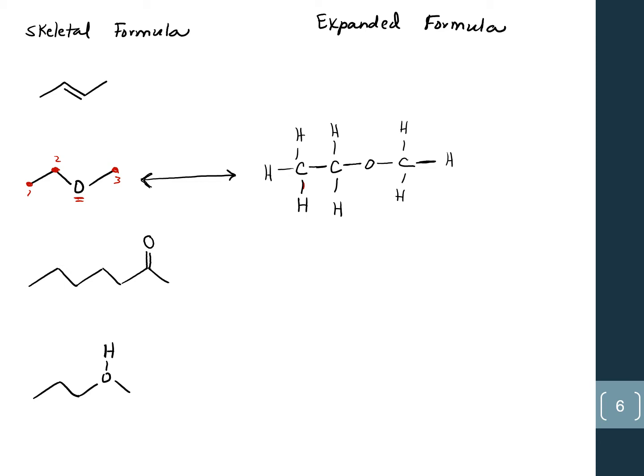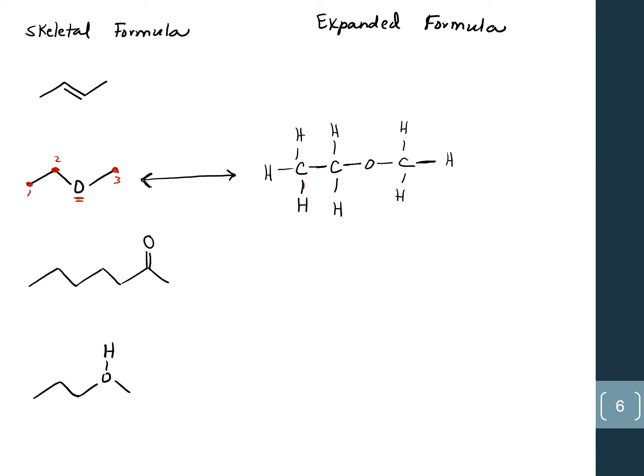You have 2 lines between those 2 carbons. What that means is that between those 2 carbons, you don't have a single bond. You have a double bond. And the double bond means that you have one less hydrogen because you already have 2 bonds to those 2 carbons, the second one and the third one.